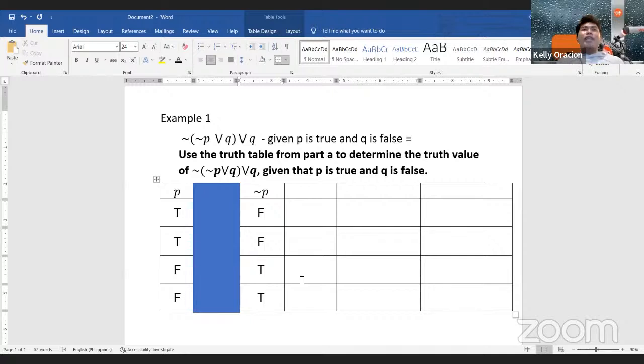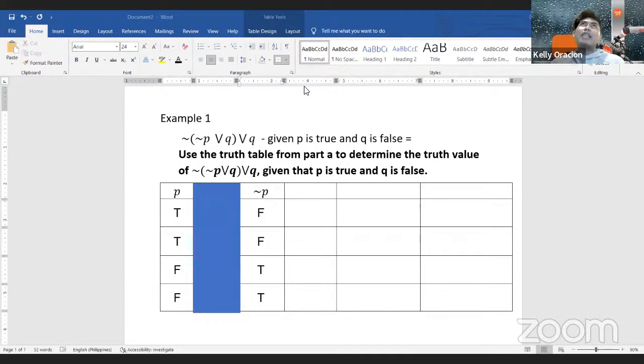Now, after ng negation of P, sino yung next natin na i-manipulate? Sino yung next natin na isa-solve? We have the, okay, that's correct. Yung naka-parentheses, di ba? I had discussed yesterday about the grouping variable.